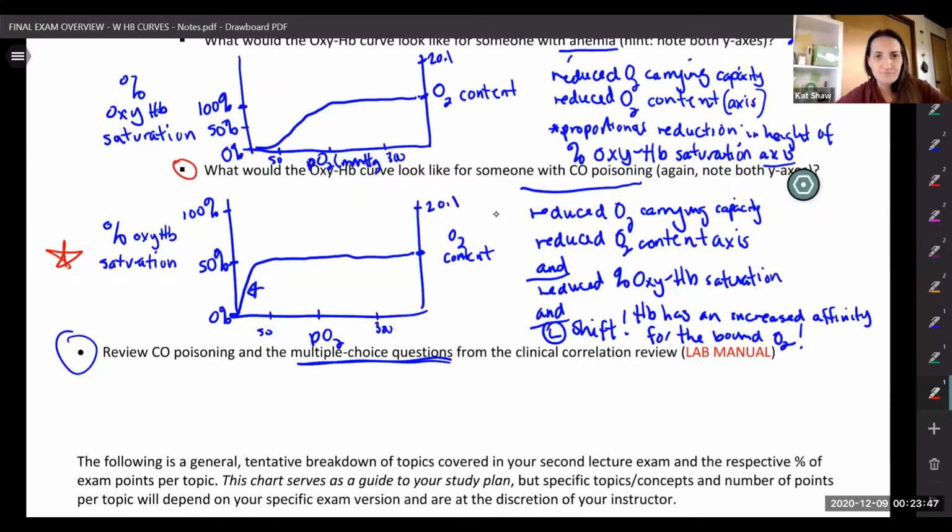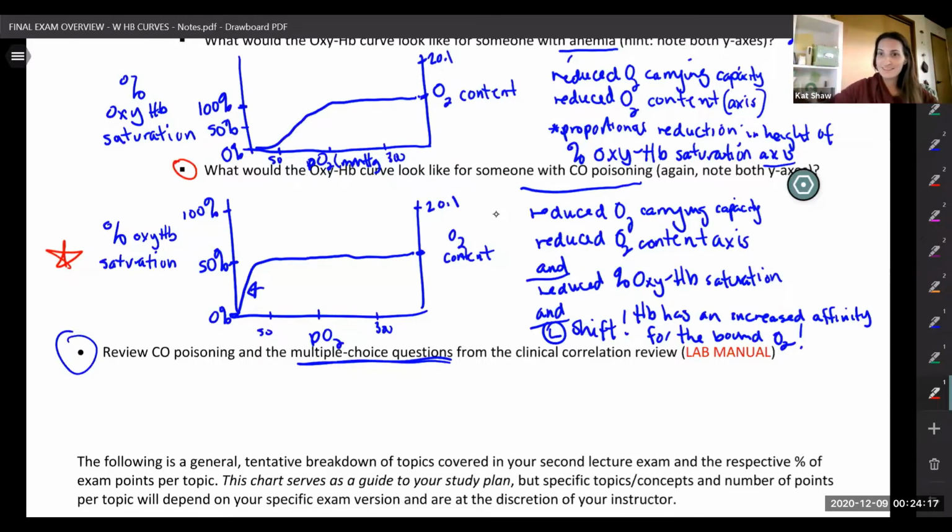This curve here, we looked at what an oxyhemoglobin dissociation curve would look like for somebody who had carbon monoxide poisoning. And in particular, I wanted you to pay attention to the 2 y-axes here. So along the bottom, we have the partial pressure of oxygen, and we are ranging here from 0, 50 to 100 here in the center, even though it's not shown, to 300.